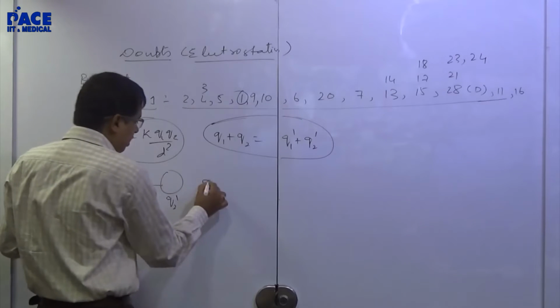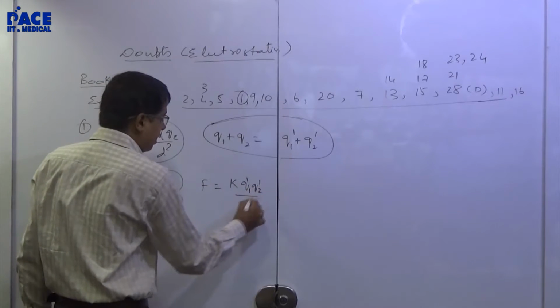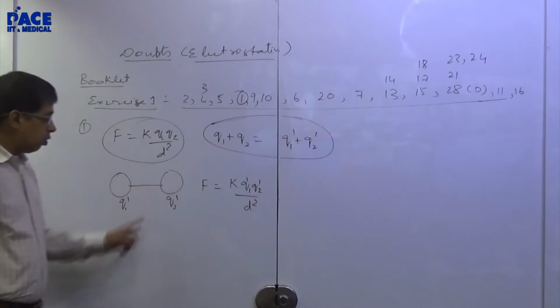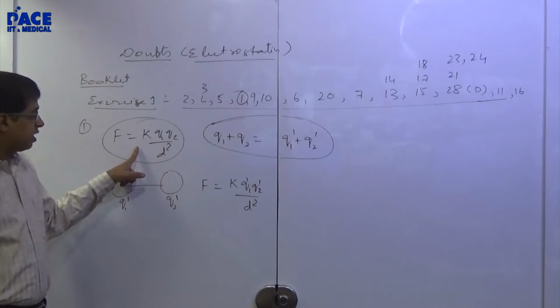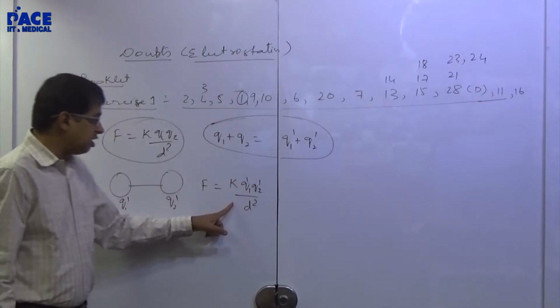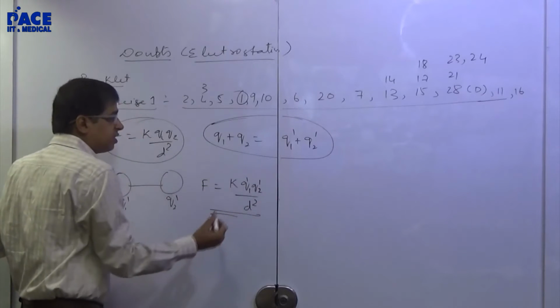Third equation he is telling you the repulsion between them. K Q1 dash Q2 dash by D square. Now this is the repulsion. Three equations. Here it is attraction. Total charge is conserved. And this will be the repulsion. Why will they have so much of a charge?